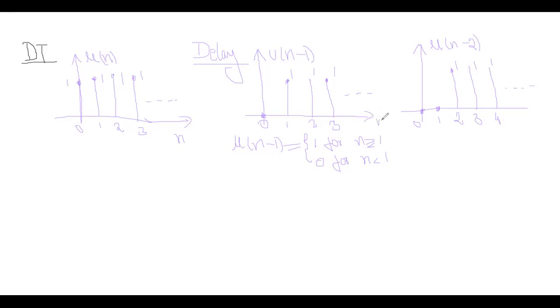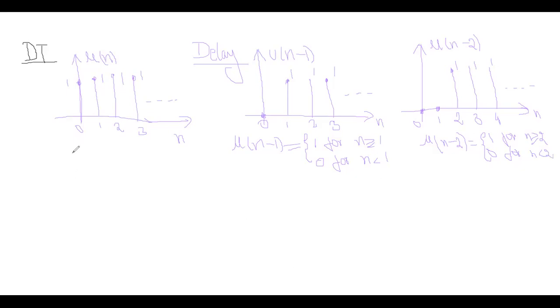The variable we are using here is n only. Now what is the equation we get here? Mu of n minus 2 is equal to 1 for n greater than or equal to 2, because here the 2 is there, and 0 for n less than 2.